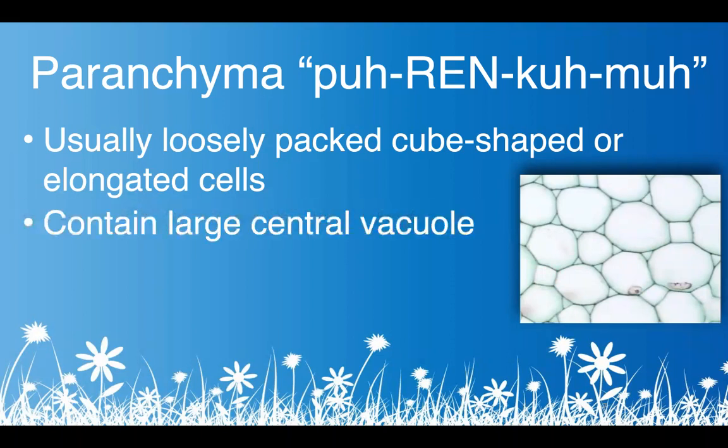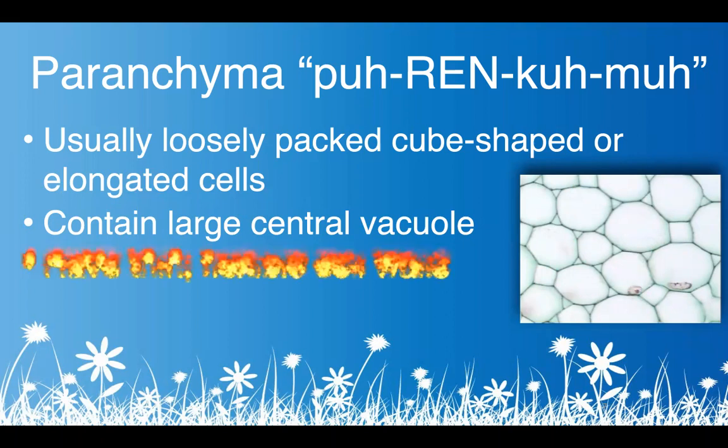Obviously, you can see from the picture they contain a large central vacuole, and just drawing your attention to these two cells, this is the cytoplasm, everything else, and the organelles, those little two spots there. I'm not really sure why they're not visible in the other pictures. Probably they're out of focus. These two cells being the only ones that are in focus. But you can see this entire light colored area is the central vacuole.